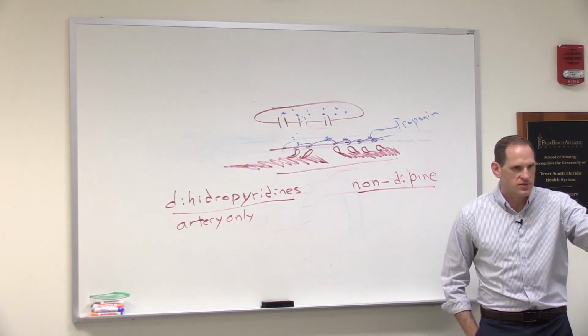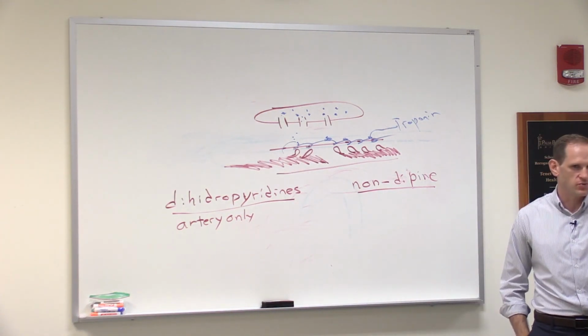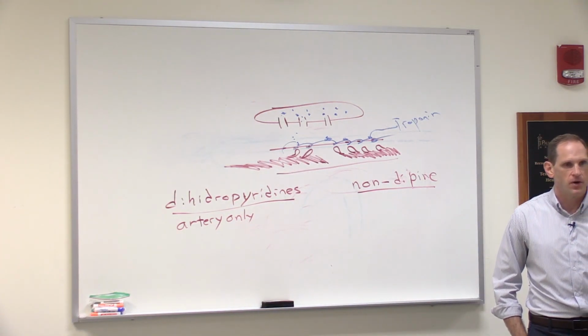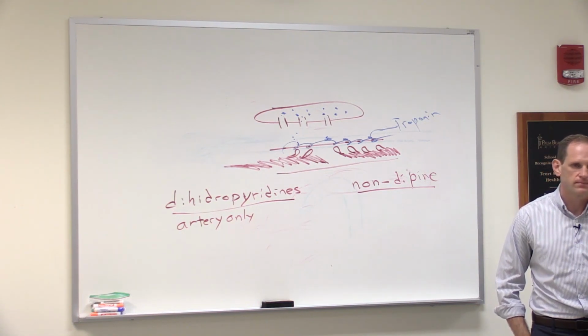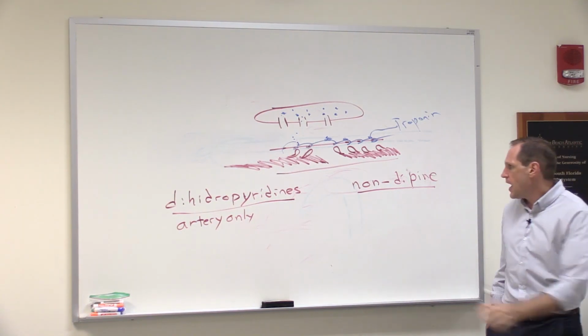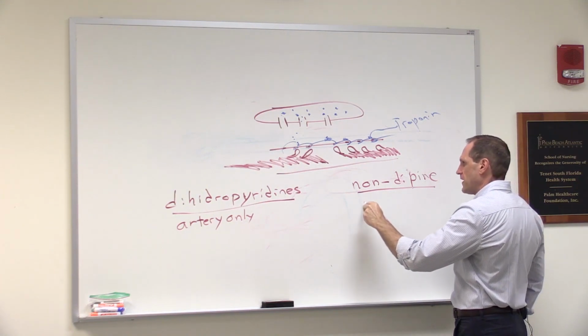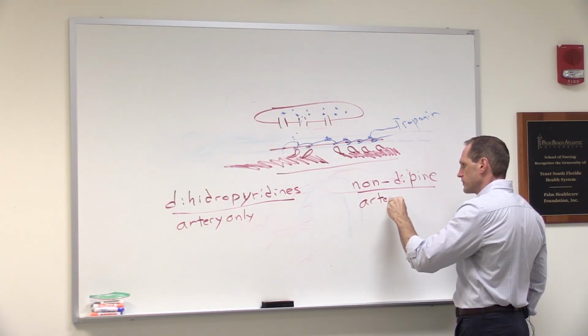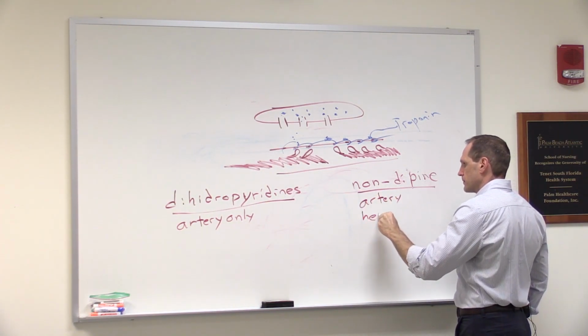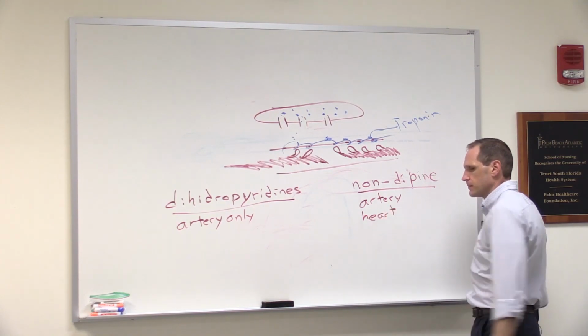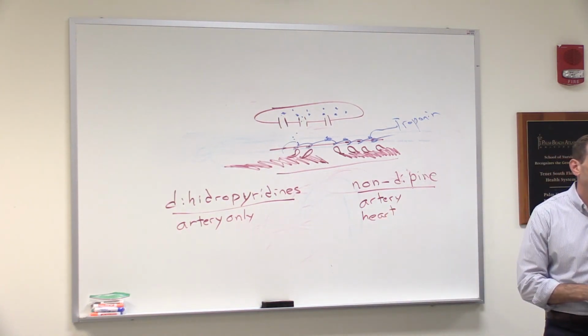They can still cause constipation, but they don't affect the heart, is what I'm saying. So arteries, but not heart. The non-dipines can affect artery and heart. Does that make sense? Mm-hmm.